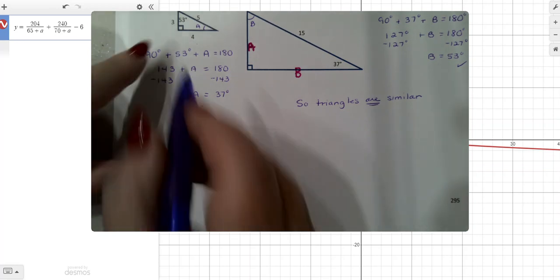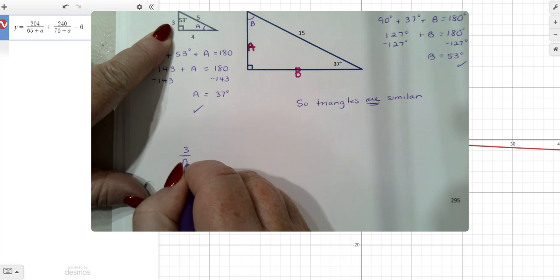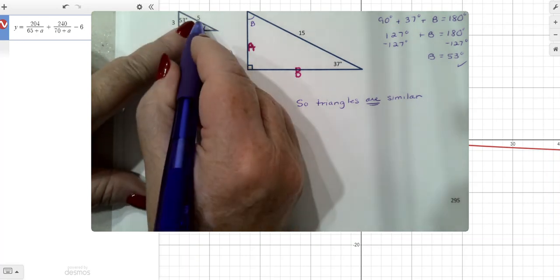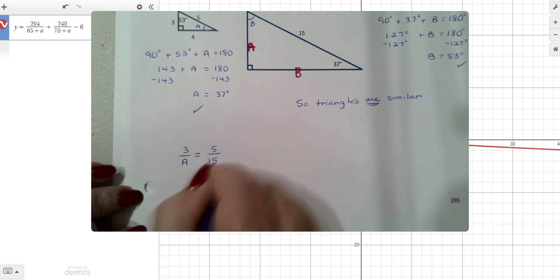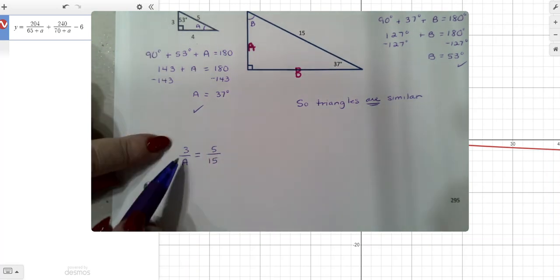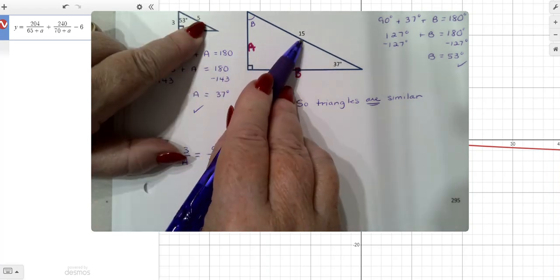So I could say 3 over A equals 5 over 15. Right? I'm saying the ratio of these two sides has to be the same as the ratio of those two sides.